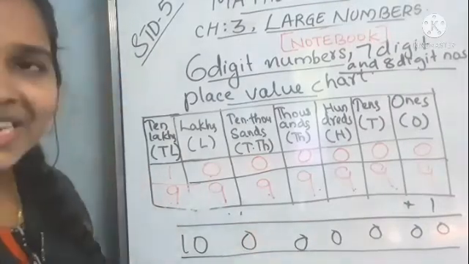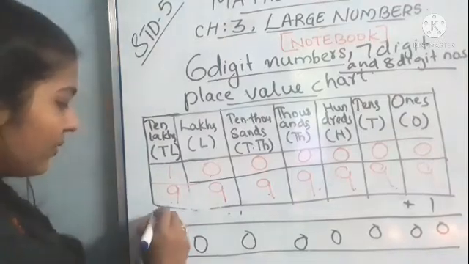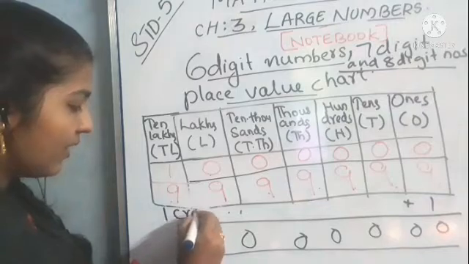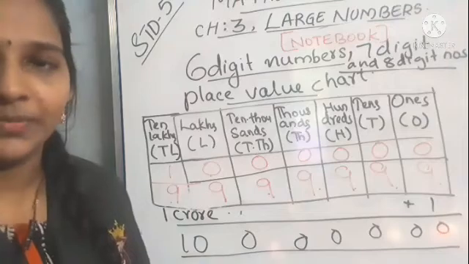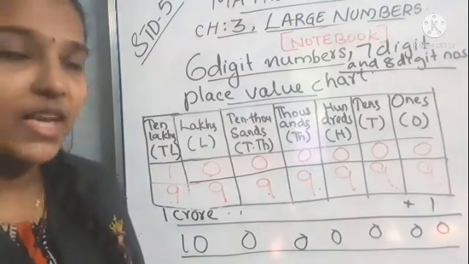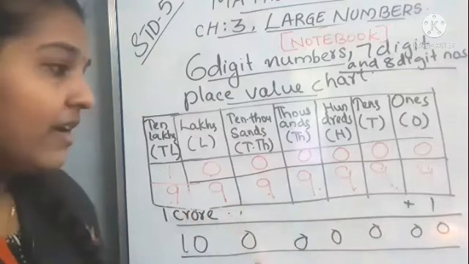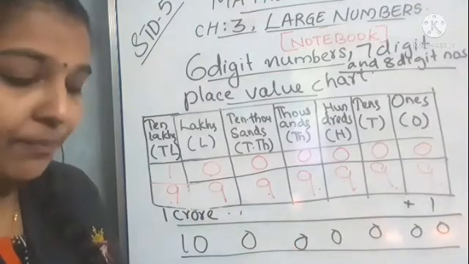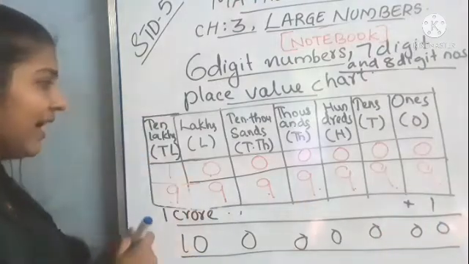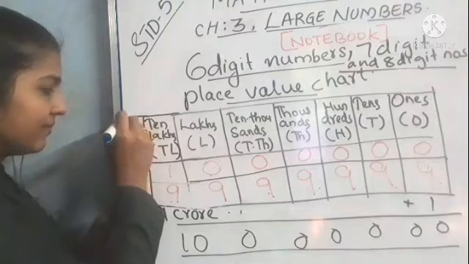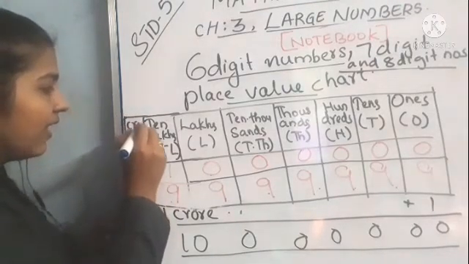We can read this number as 1 crore. C-R-O-R-E, crore. This is 1 crore. Let's check how the place value chart will change when it becomes an 8-digit number. There will be one more place, and that is the crores place.